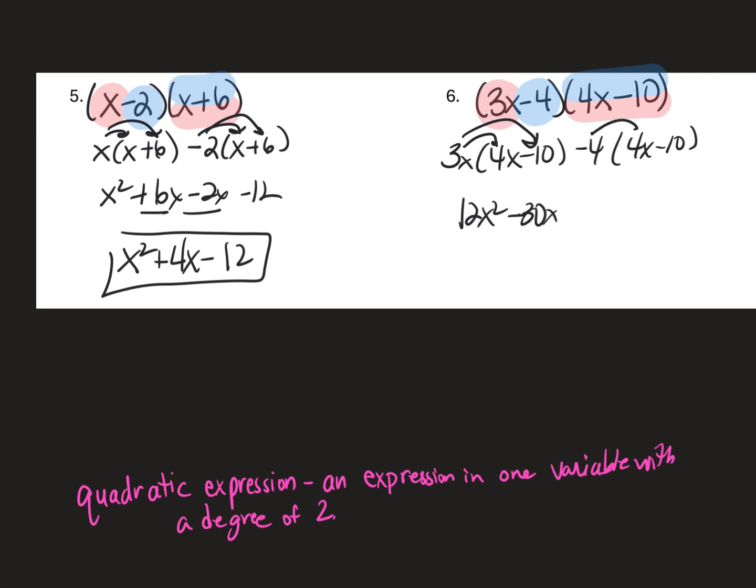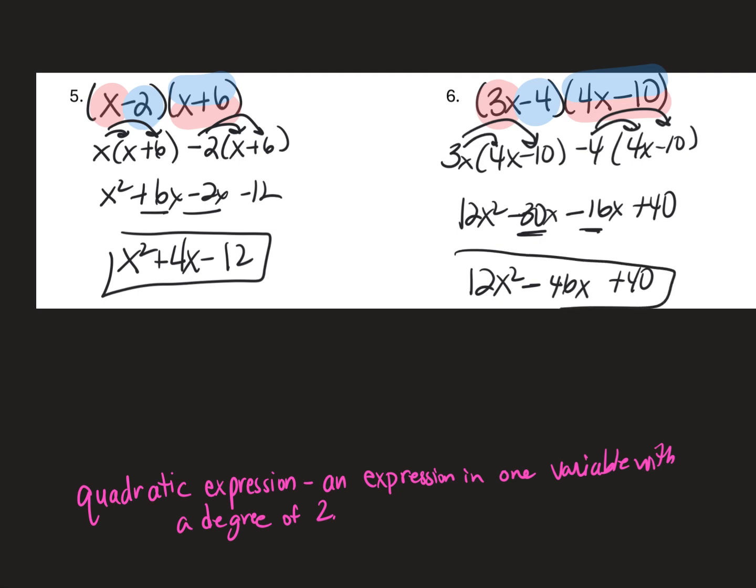Negative 4 times 4x is negative 16x. Negative 4 times negative 10 is positive 40. Combine like terms. Nothing to go with 12x squared. This would be negative 46x plus 40. That is my answer.